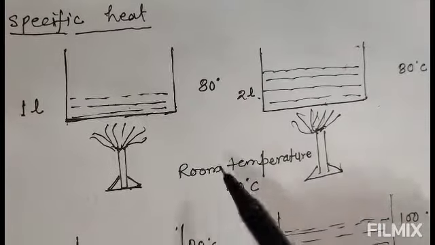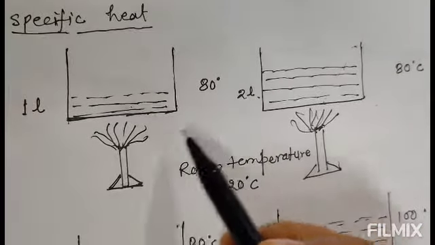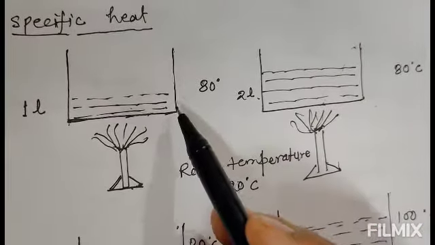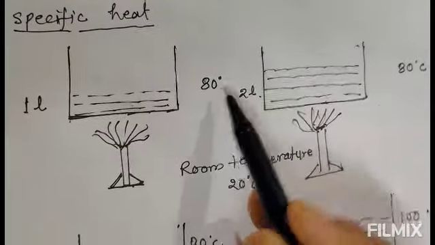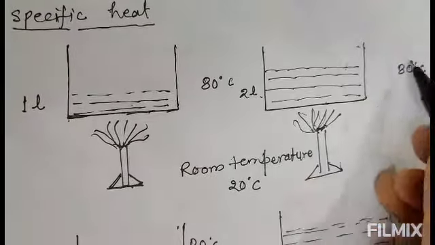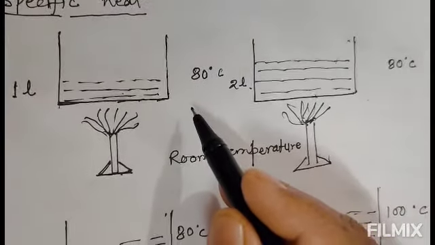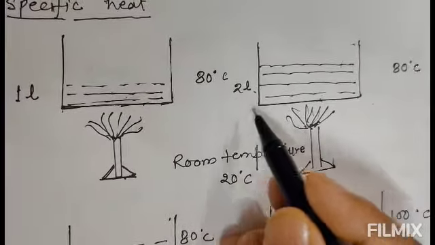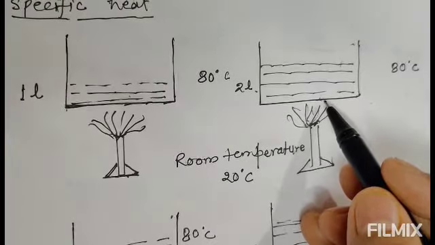Now we have to supply heat to both the containers so that the temperature will increase in both the containers to 80 degrees Celsius. Obviously, you know very well the heat which we have to supply to the second container will be more because here the mass is more.